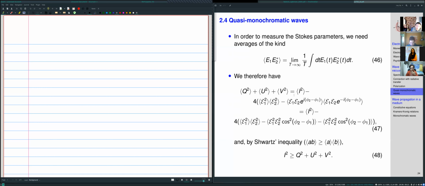So you plug it in and you reach this interesting result that the sum of Q, U and V squared gives you the Stokes I squared on average, corrected for this term. Now, you can also rewrite this in this other way, where you replace this Eulerian notation with cos phi plus i sine phi, the usual complex notation, and you reach this other form.